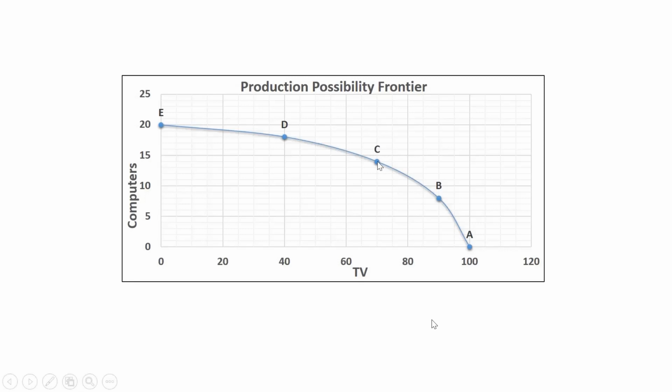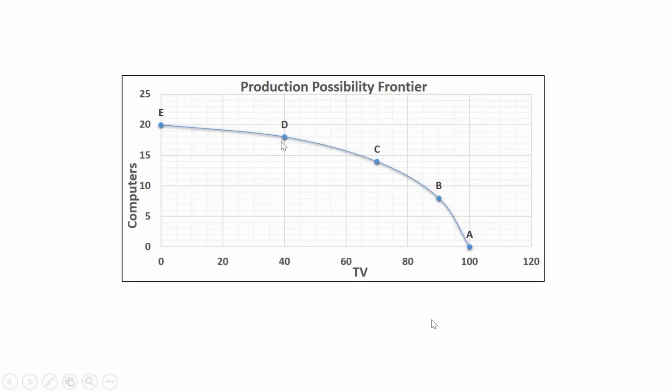Now as we move further to D, we are going to produce 18 units of computers. But at D, TV sets are going to reduce to 40. And again, we are moving from 70 to 40, sacrificing 30 units of TV, which is again an increase in the opportunity cost.